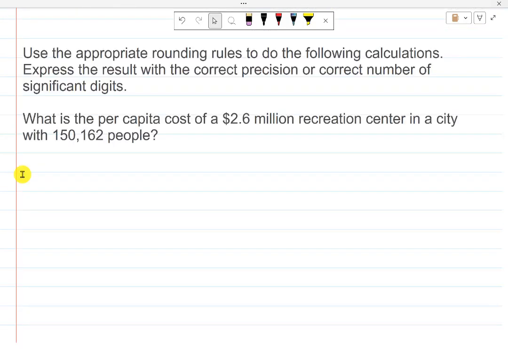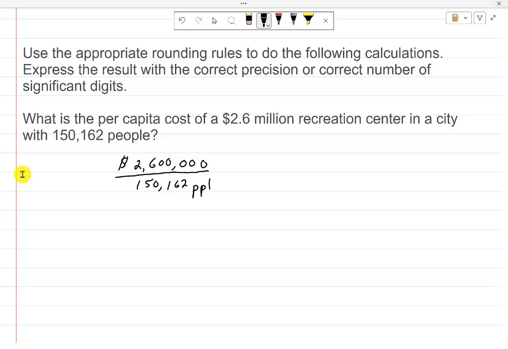Per capita cost is how much it is per person. So we're going to take the $2.6 million and divide it by the number of people. So we're going to have 2,600,000 divided by the number of people, 150,162.